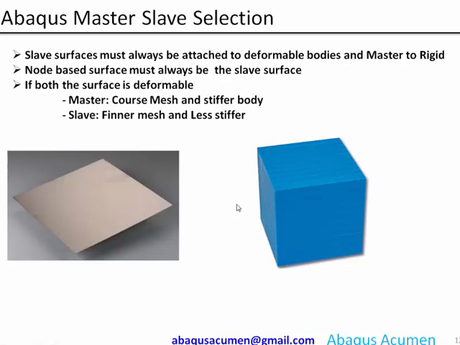So if you have two dissimilar materials, don't only check their modulus but check overall stiffness, like material stiffness and geometrical stiffness. In this case the polymer block has a higher stiffness than the thin steel plate, so you should assign the stiffer body as the master. You put this block as the master and the steel as the slave.